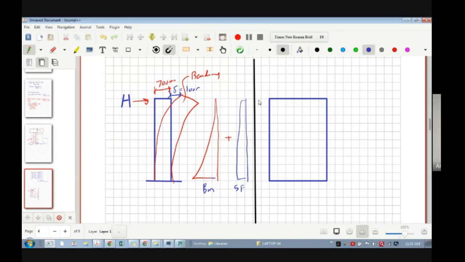Now, what will happen due to this? See, this is, I can say, bending deformation. The curvature shows it is a more bending deformation. Now, let's say you are putting the same H force here in the horizontal direction, how will it deflect? There will not be curvature because this dimension is very large.